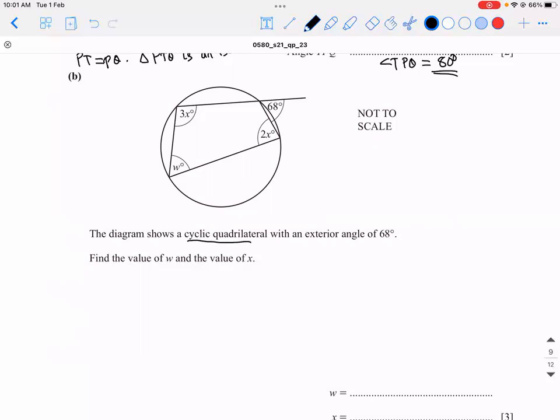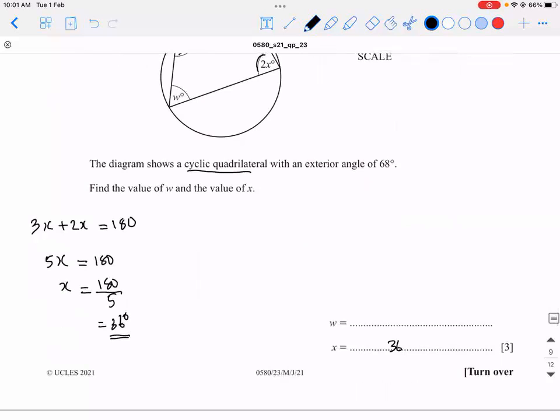So this 3x and 2x are opposite angles of a cyclic quadrilateral. So 3x plus 2x add up to give 180. Therefore, 5x has to be equal to 180, or x has to be equal to 180 over 5. So the answer is 36 degrees. So the value of x is 36 degrees.